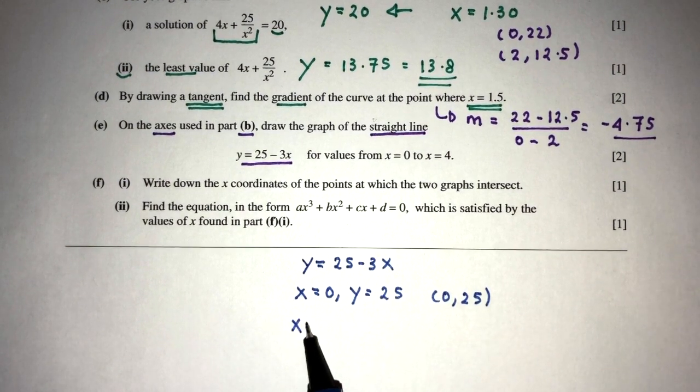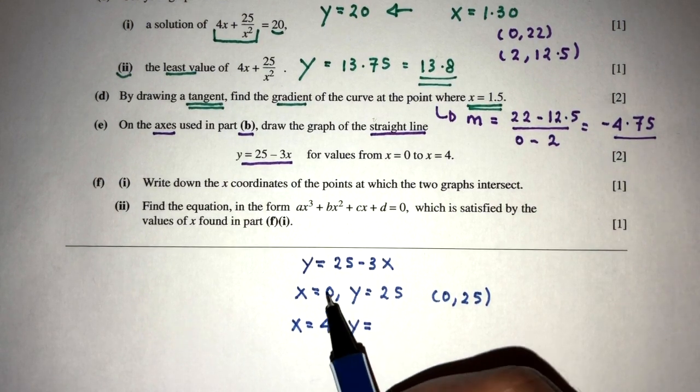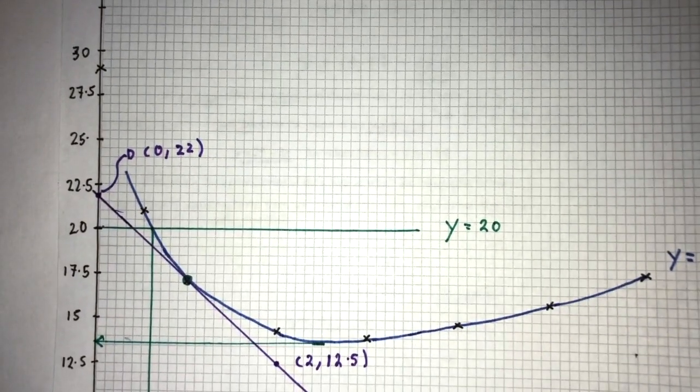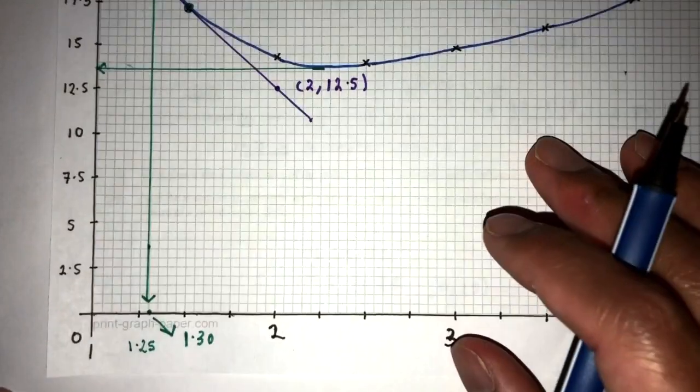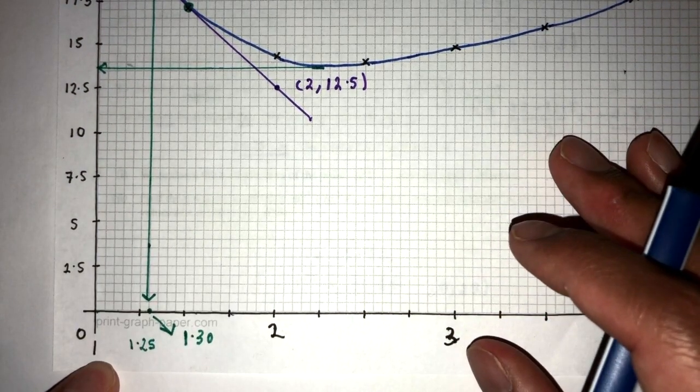Now x equal to 4, y will be, so let me not choose 0 because here I think I skipped the point 0. Let me choose 1 because it will be tough for me to, okay, I made a mistake here as you can see because I began my graph at 1. That is my mistake. It should be 0, right?